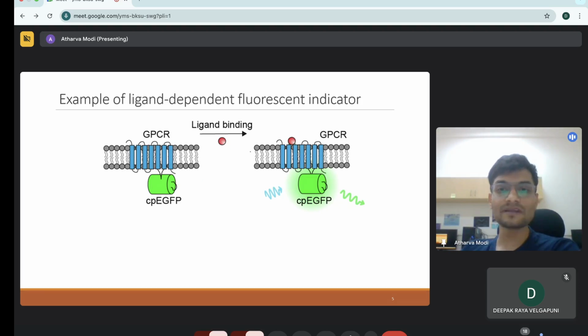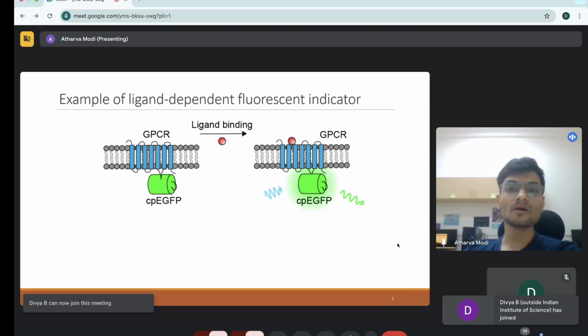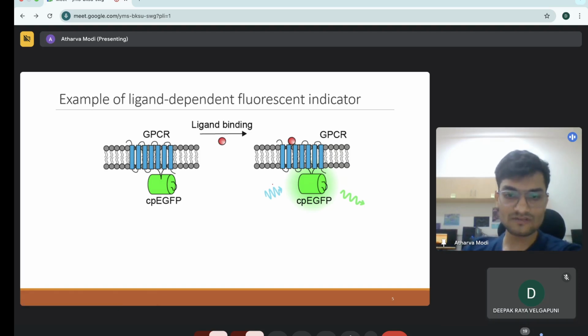It has the property that when the ligand binds to it and you shine light on it, it emits a green color. So you can measure this green color and it indicates the presence of ligand. This is the special property these kinds of fluorescent indicators have, and that enables them to serve as a biosensor, right?